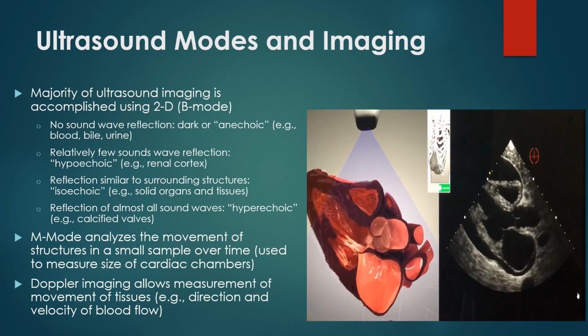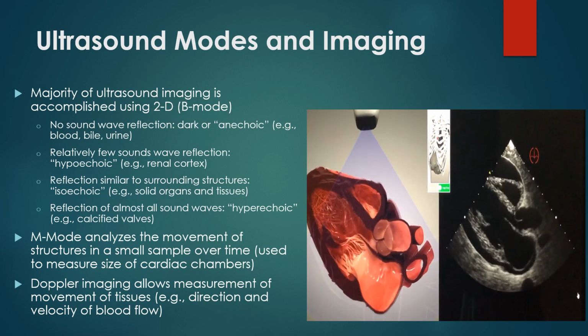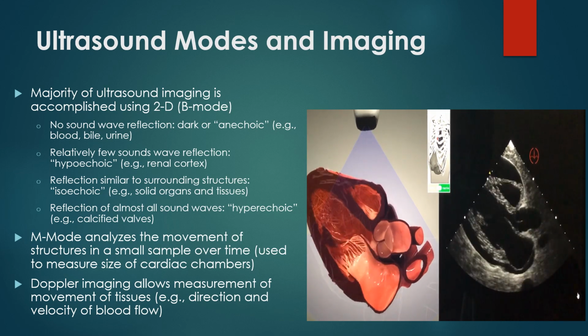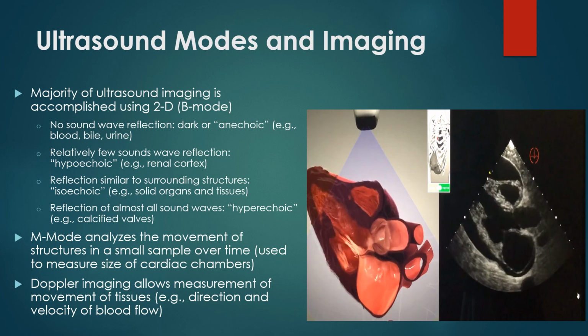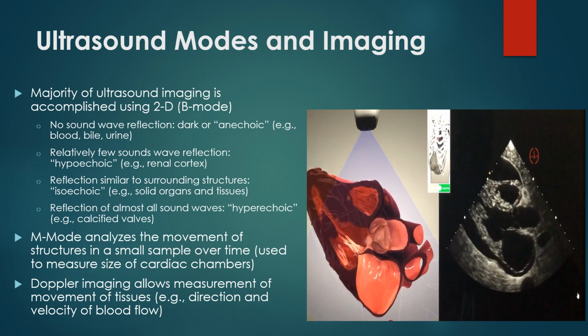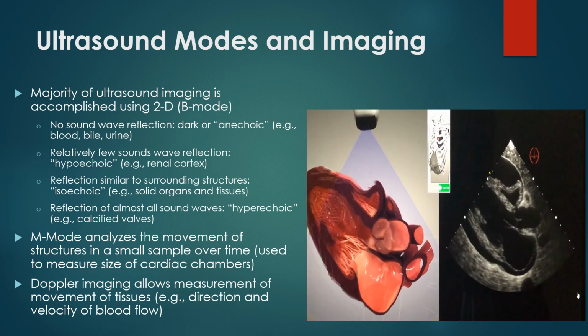And then Doppler imaging is a very complicated mode that follows a very sophisticated and complex law of physics. It utilizes a phenomenon called Doppler shift, which is a change in frequency from the sent to the returning sound waves. These shifts are generated by sound waves reaching moving particles.